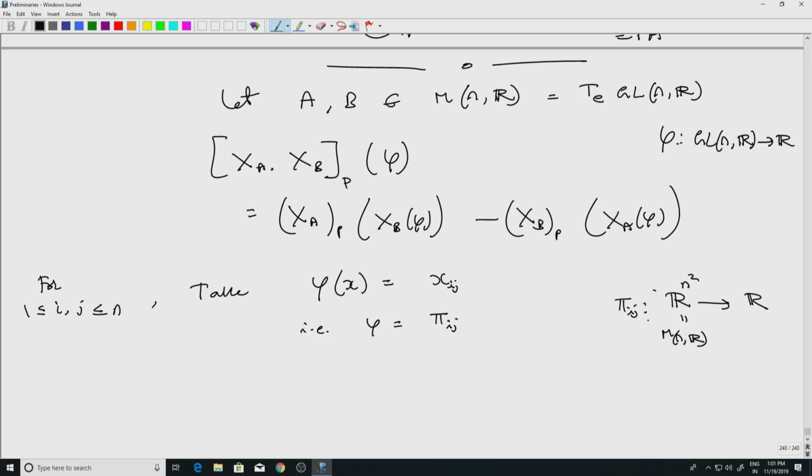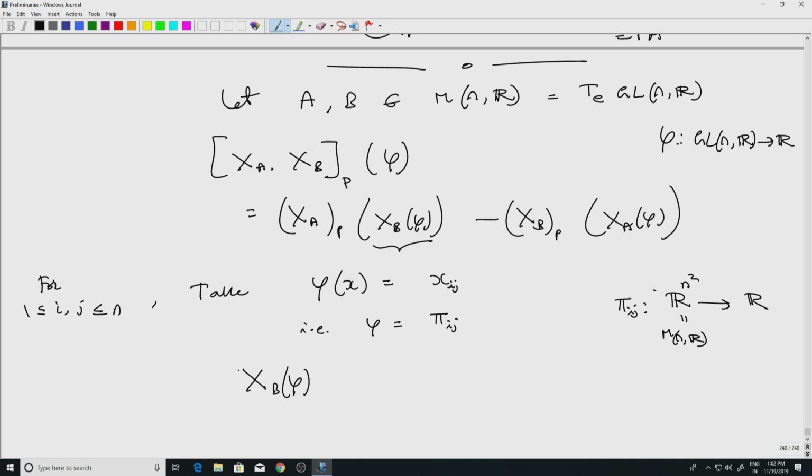So for that, now let me look at this term here. Rather, not even that, I'll just look at the thing inside the brackets. So I'm just going to look at this, XB phi. Remember that this thing is supposed to be a function on the manifold GLNR.